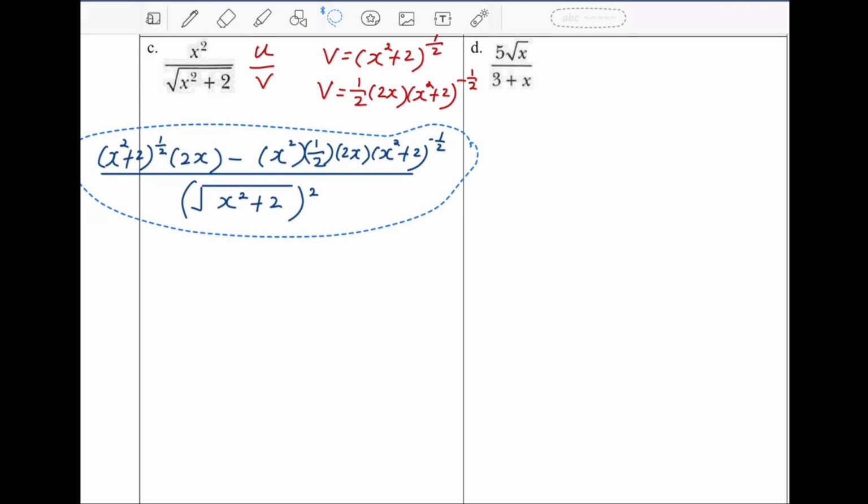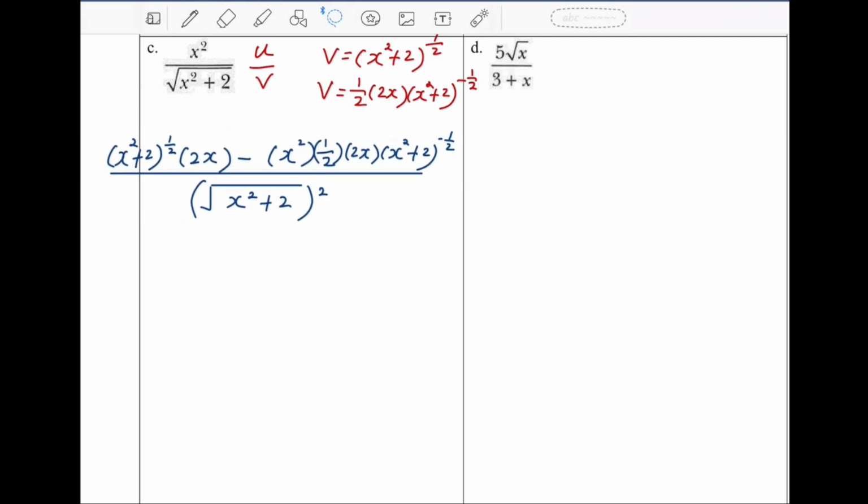Okay, so we got the first step covered, assigning everything in the right place. Before we do factorization on the numerator, let's simplify this part.